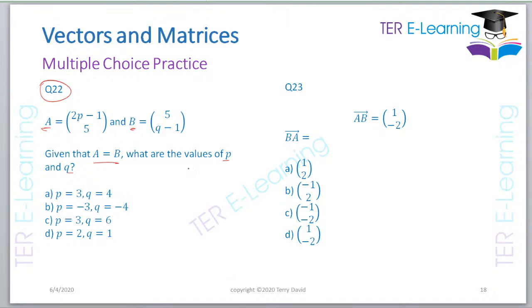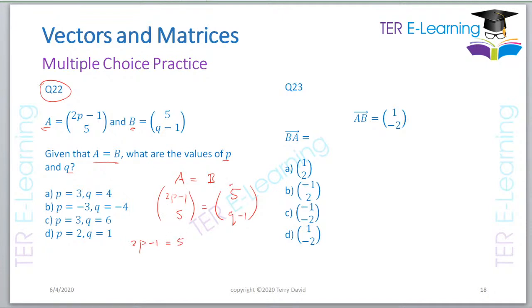So here's how we do this one. I'm telling you that A is equal to B. So the vector A, with 2P minus 1 and this 5 here, is equal to B, which is 5 and Q minus 1. If they are equal, it means that 2P minus 1 is equal to 5.